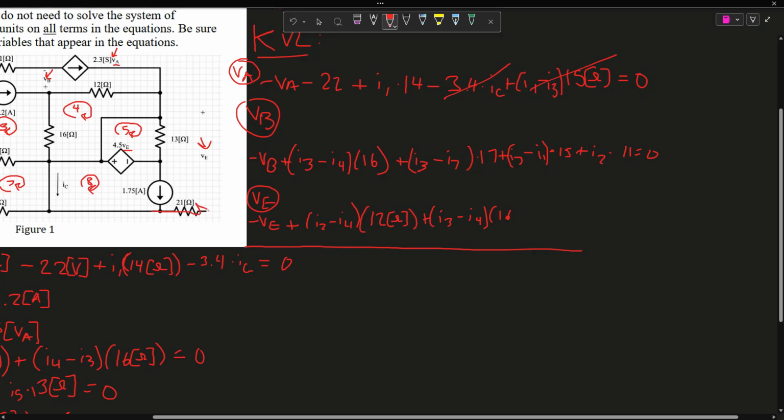Aha, okay, so there's actually no current going here, so we don't have to write that. So essentially this is our final answer.